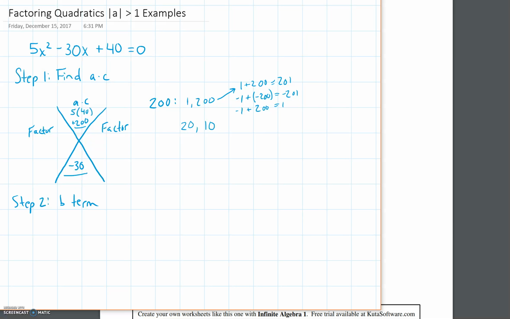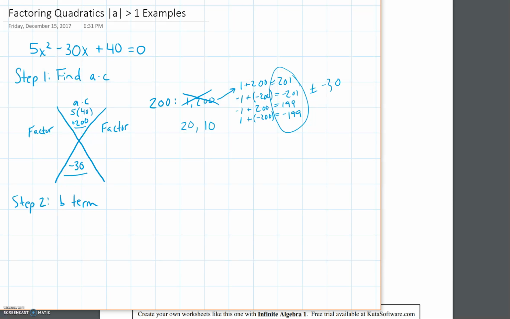Well, we'd get 199. What if we did positive 1 and negative 200? I've just exhausted all of the possibilities, and that's going to give us negative 199. So we know from these results that none of them is going to be equal to negative 30, so we can eliminate those as choices.